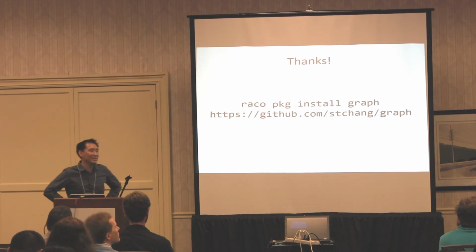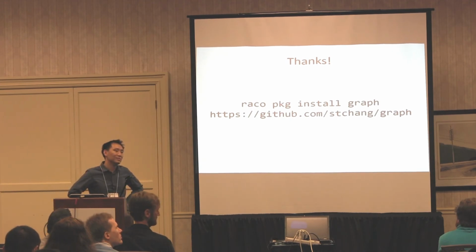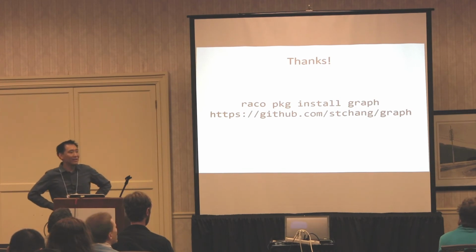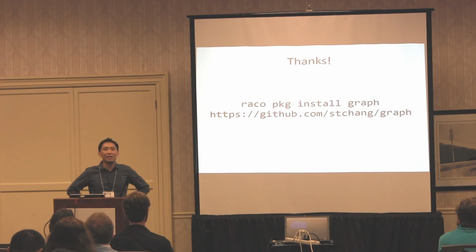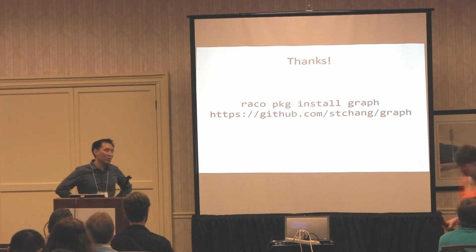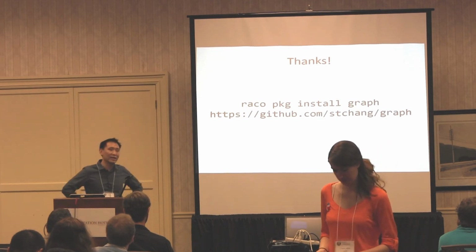Cool. So one of the goals that the Boost Graph Library people had is for it to run really fast. Can you say anything about performance? It's a really good question. I have not done thorough benchmarking. I would say that you get Racket speed.